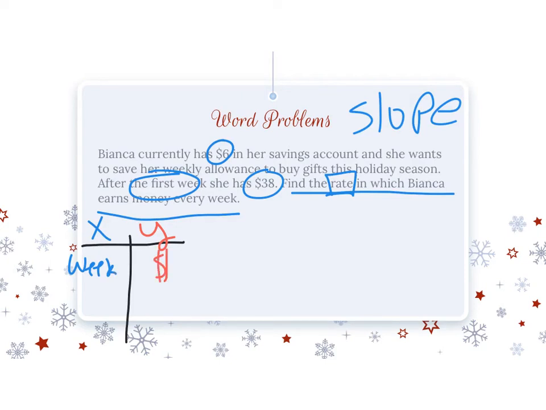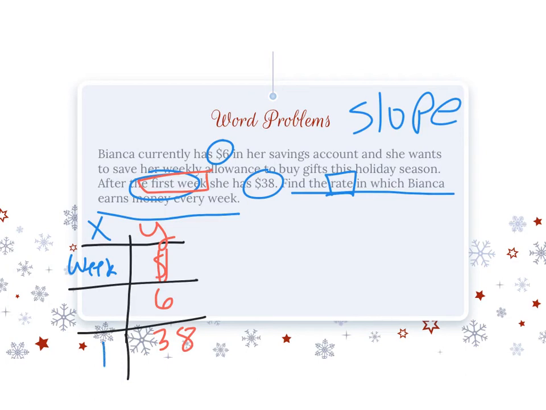Now I can see my 2 money values, and my first amount of money, we started off with $6, and then that increased to $38. And it says that the first week she earned 38. So next to 38 for the x value, I'm going to go ahead and put 1.